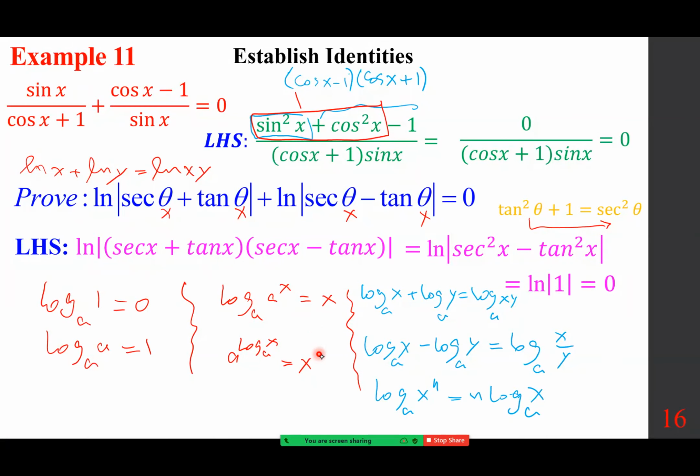They are inverse functions. This is called the product rule. This is called the quotient rule. And this is called the power rule. I'm reminding you of things we have seen. So I hope everybody is comfortable with the logs.